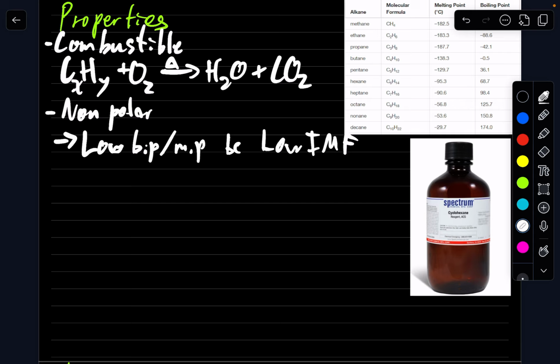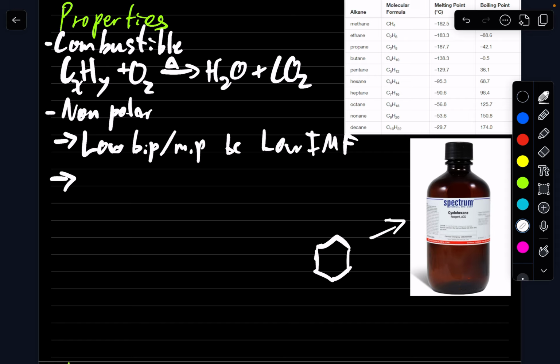And additionally, they can act as a nonpolar solvent if they are a liquid. So, for example, cyclohexane is as so. That's the skeletal formula. And it can dissolve other nonpolar fluids such as oils.